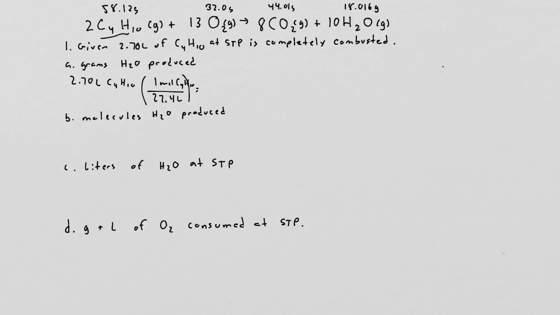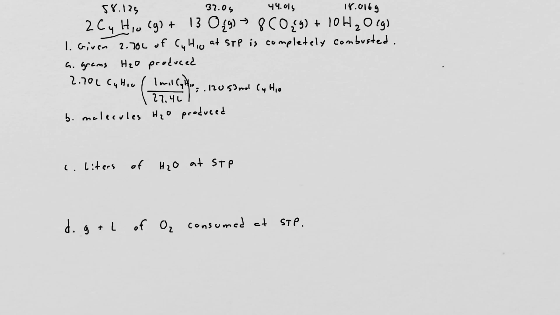And when you do the math here, what you get is 0.12053 mole of C4H10. Now, let's be aware, this is not rounded to the right number of sig figs. If this was rounded correctly, it would be 0.121. But I'm going to keep the 53 here because I'm going to round everything when I'm done and I get the answers. And when I do round them, I'm going to round them to 3 significant digits.